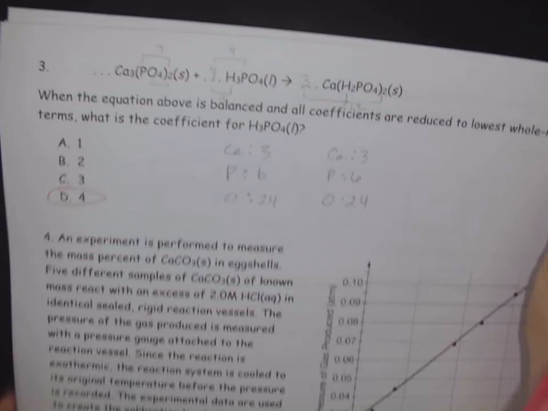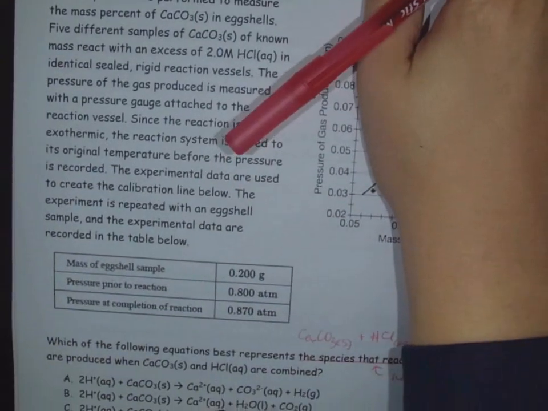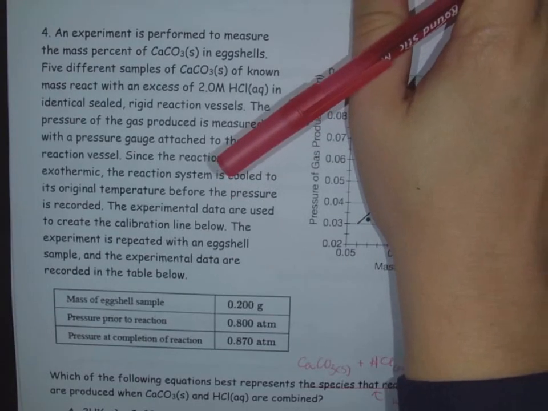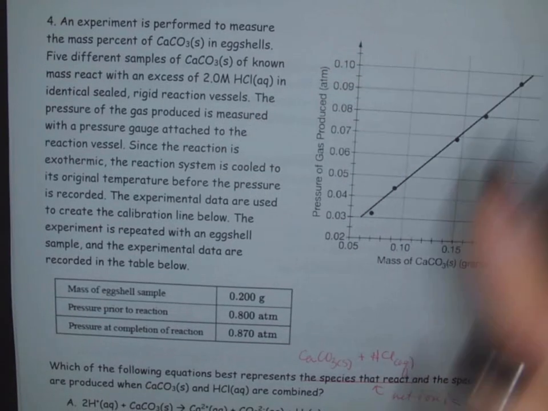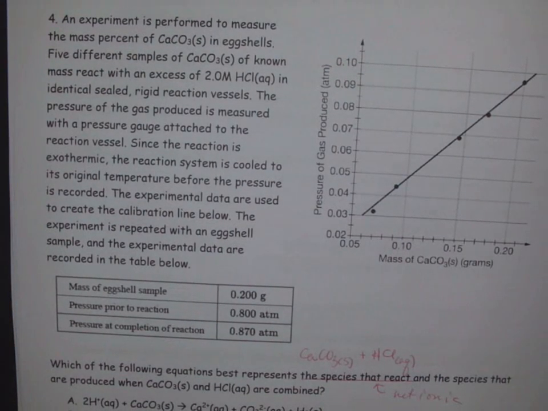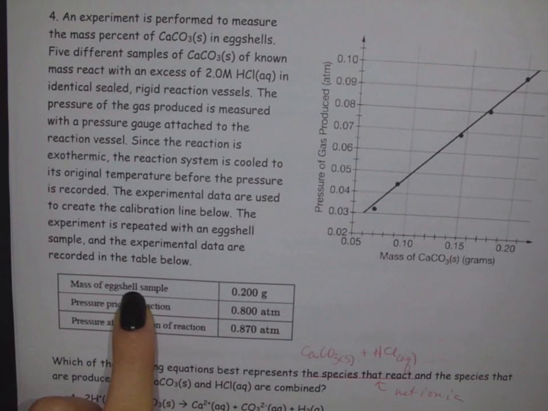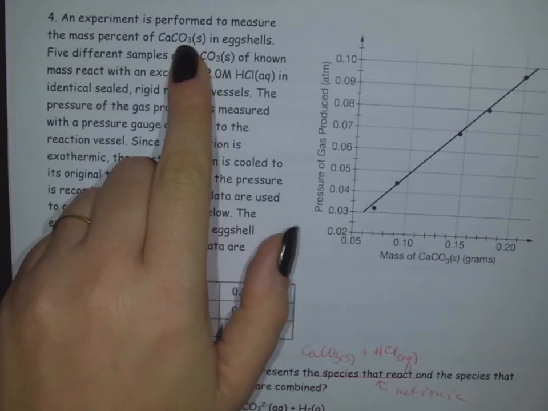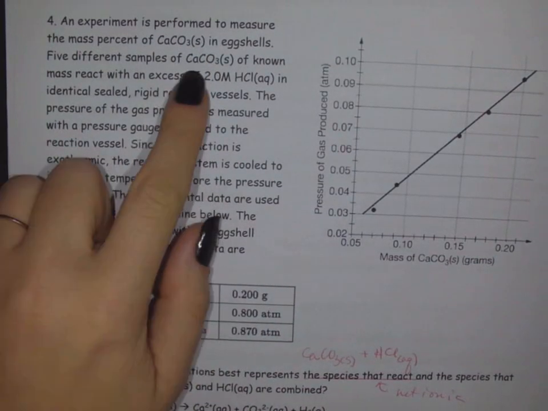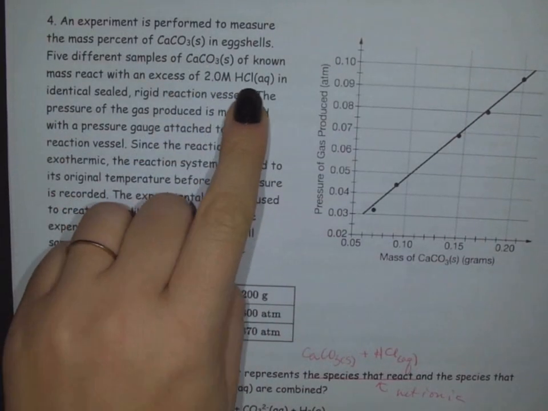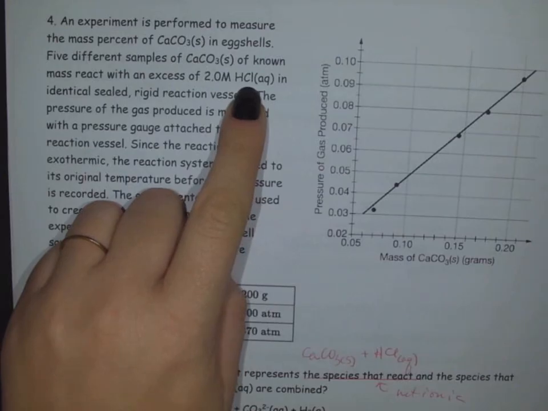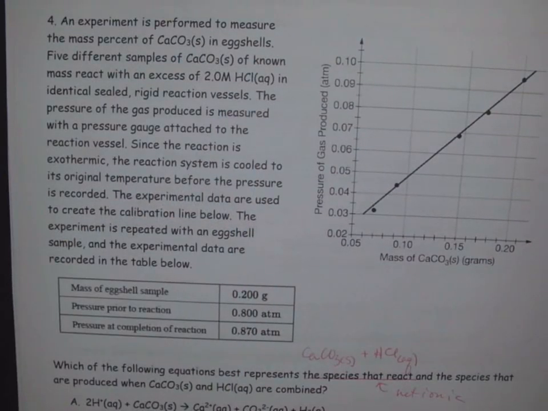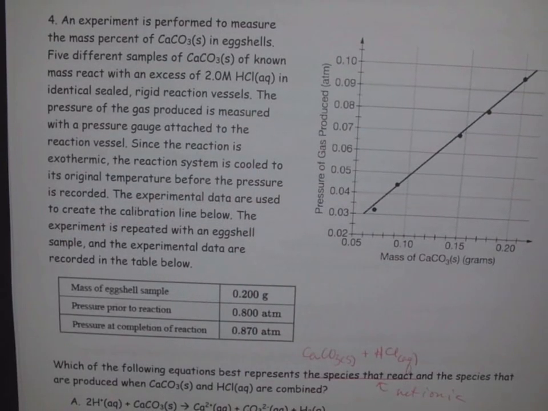So can we please jump to number 4? Number 4 is talking about how they are taking these samples of eggshell that have some calcium carbonate in it, and they're taking that calcium carbonate and adding some hydrochloric acid, this HCl, and a chemical reaction is occurring.